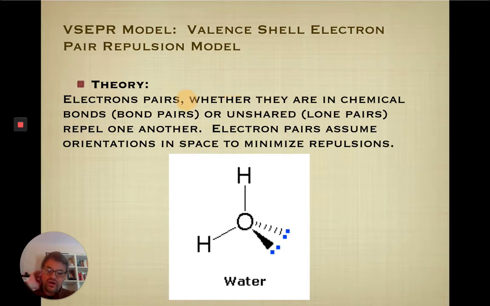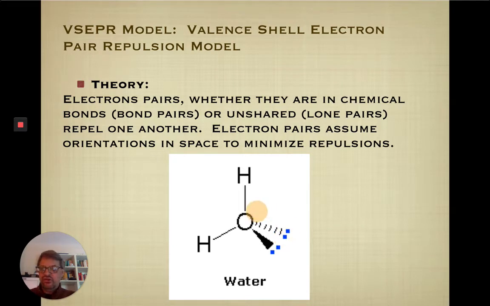Pairs of electrons, whether they're in a bond or not, repel one another because they have a negative charge, and like charges repel. Okay? Now what happens in a molecule, imagine we have oxygen here with hydrogens attached to it, and then these electrons, known as lone pairs, meaning they are not bound to another atom, they are only part of the oxygen.